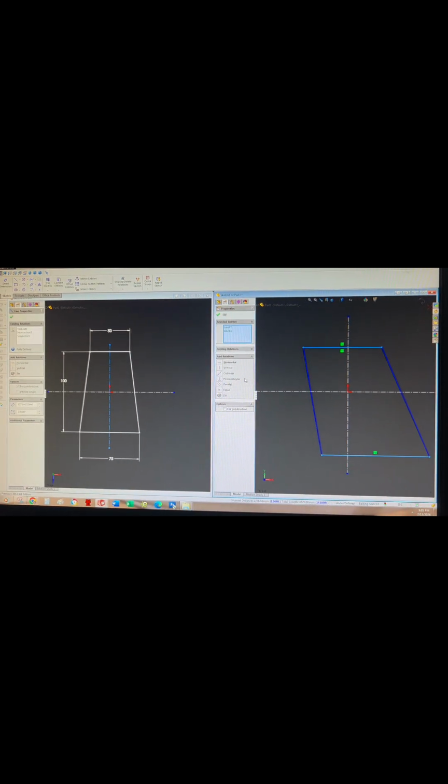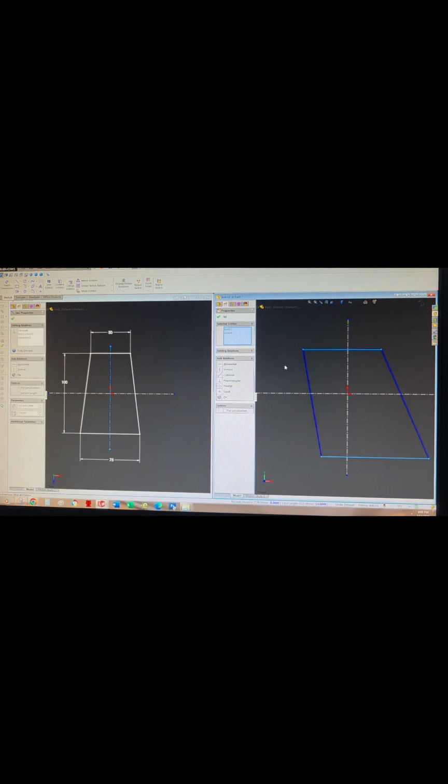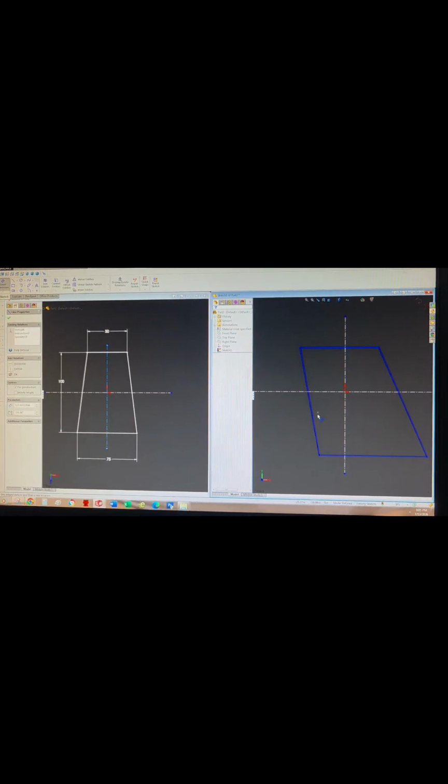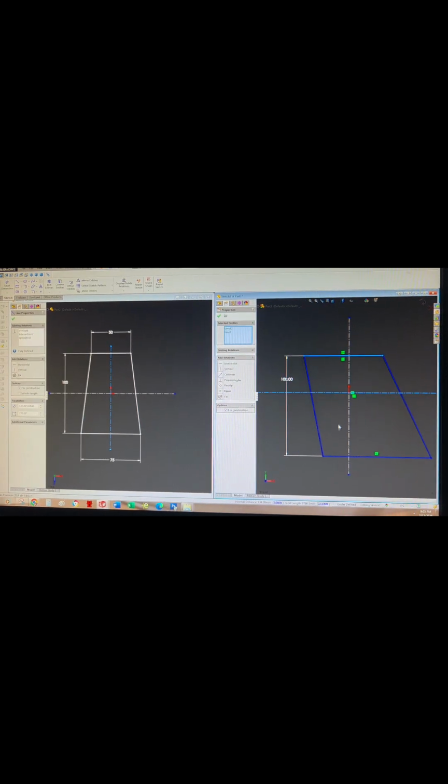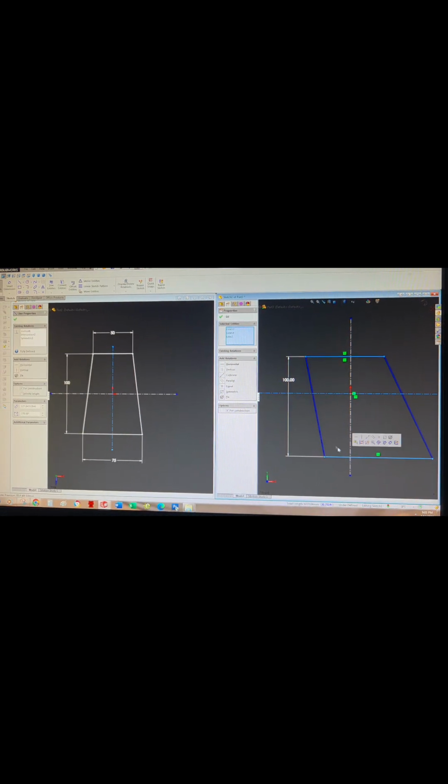And then I will make the bottom line parallel to the top line. Now I will control the height with the dimension of 100 millimeters. And I will make the two lines symmetric to the x-axis.